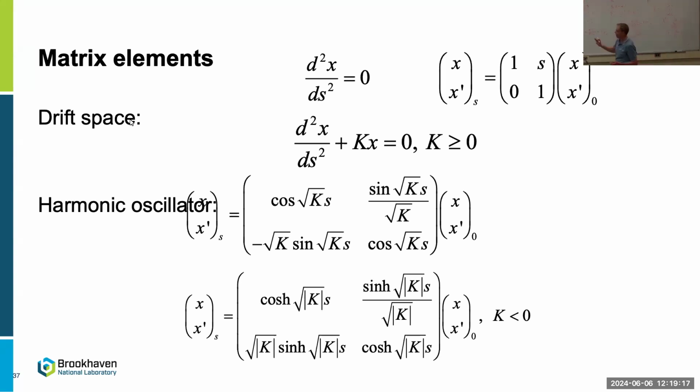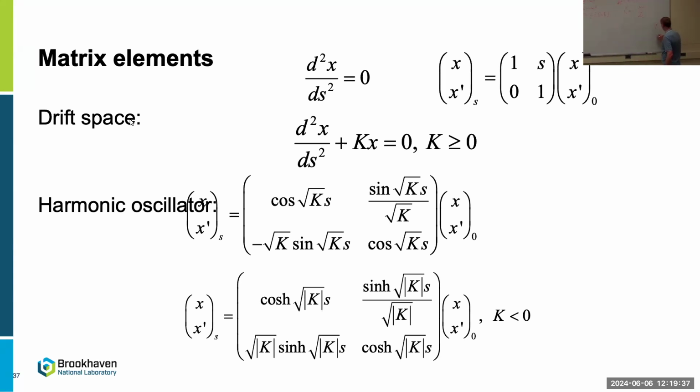The solution of my trajectory then is a product of these matrices that correspond to various elements in the machine.